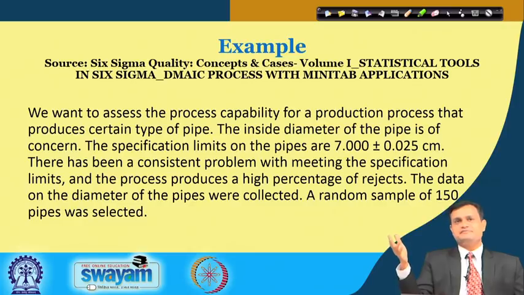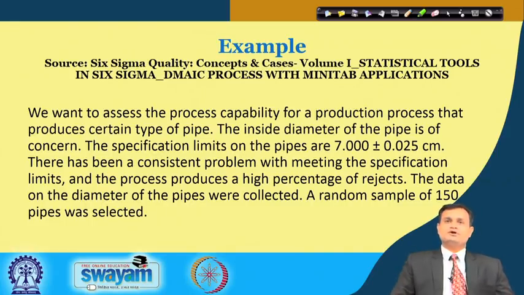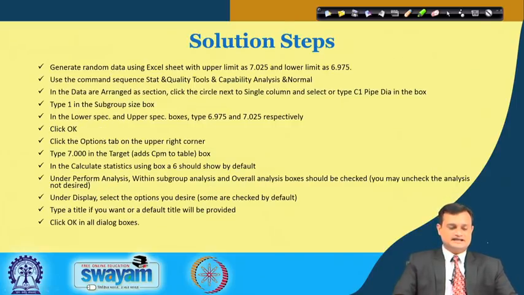The specification limit for this is 7 plus or minus 0.025 centimeter, and there has been a consistent problem with meeting the specification limits. So, you are encountering rejection, and now I want to see whether my process is really capable or not. So, I took a random sample of 150 and measured the inside diameter, and then I am trying to conduct the process capability analysis.